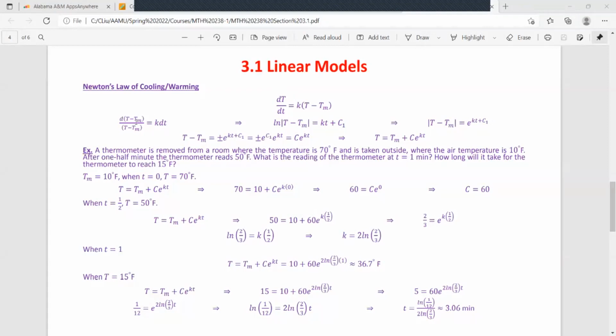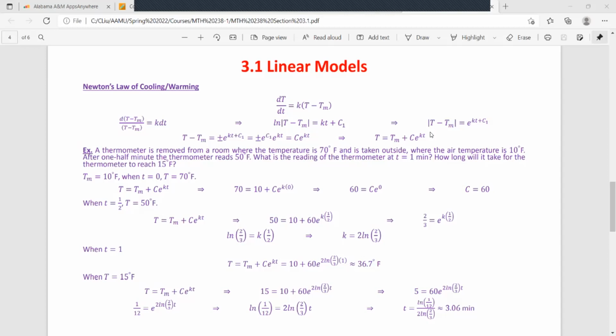And the reason I'm doing that is now we can integrate on both sides easily to find the solution of the equation. So when you do that, we're going to get the natural log of absolute value of capital T minus capital Tm equals k times small t plus C1, where C1 is an arbitrary constant.